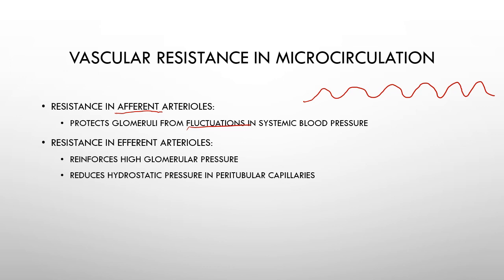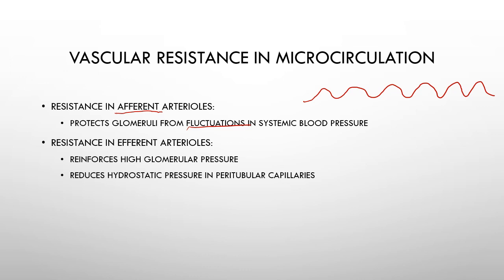The efferent arterioles are also going to help in pressure, except they're going to help to create a back pressure. So as they cause backup, this is going to reinforce that high glomerular pressure.